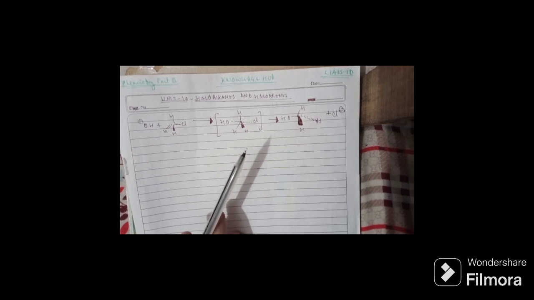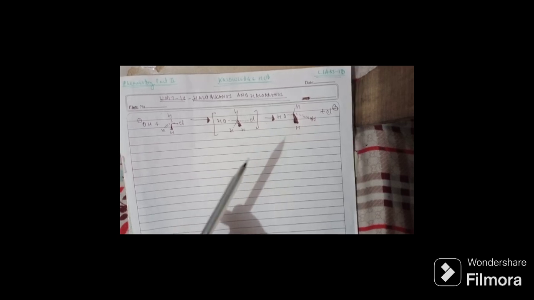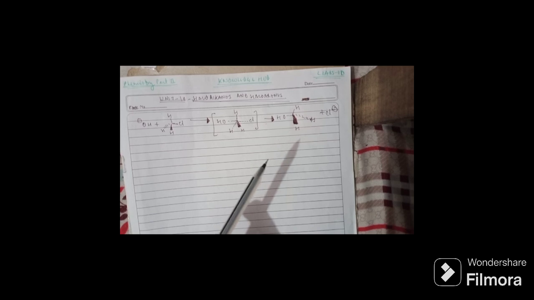Among simple alkyl halides, the methyl halide reacts most rapidly in SN2 reactions because there are only three small hydrogen atoms, and tertiary halides are the least reactive because bulky groups hinder the approach of the nucleophile. Thus the order of reactivity is: primary halide is greater than secondary halide, which is greater than tertiary halide, so I can write it down here for you.